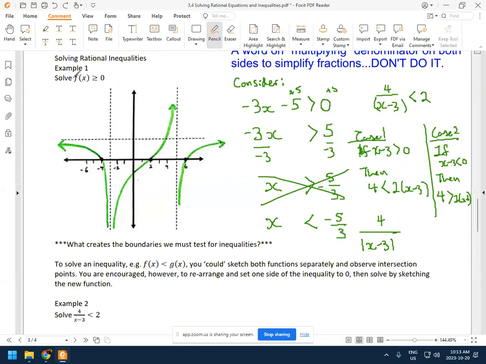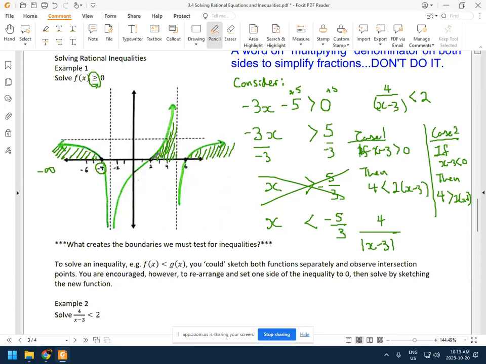Here we go. Example 1, we are going into, as you might have noticed, inequalities. And graphically, when is this green function greater than or equal to 0? I hope by now you can say it's going to be all of this and all of that and all of that, which means it goes from negative infinity to -4, including -4.